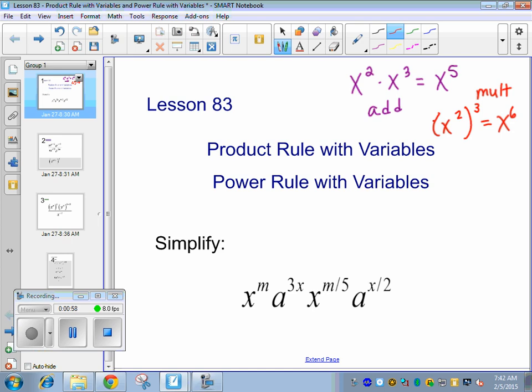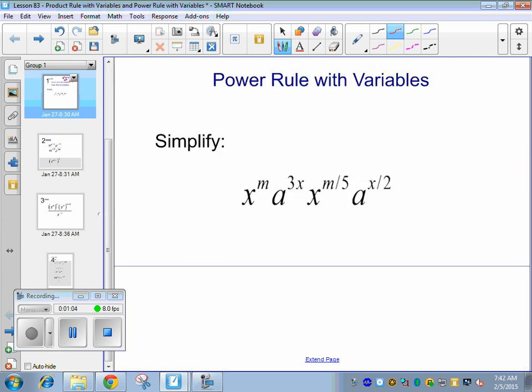So let's try one of these problems where we have variables in our exponents. So I have x to the m times a to the 3x times x to the m over 5 times a to the x over 2. So the ones that get to add, because there's no parentheses and no powers, so there's no multiplication in this problem, we're just adding. And we're adding the stuff that is alike.